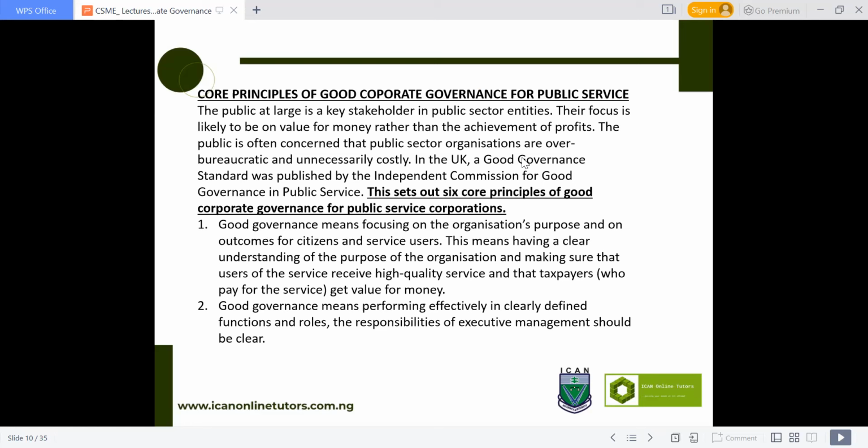Then we now need to be talking about the core principles of good corporate governance for public service. That is, what are the core principles that we expect the public service to also follow?